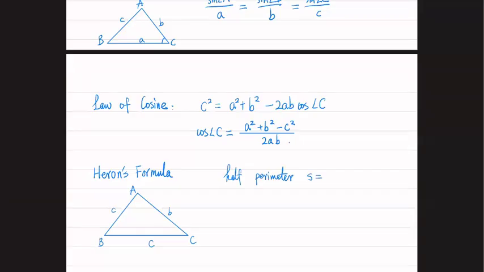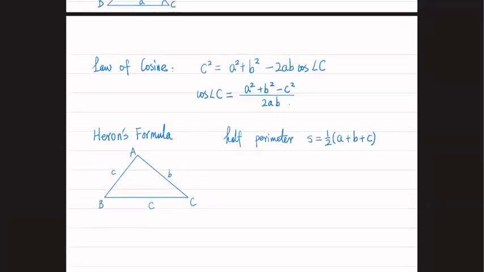This defines half of the perimeter. Then the area. We don't need anything about the angles. We just need the side lengths.